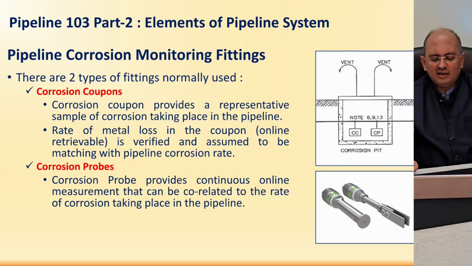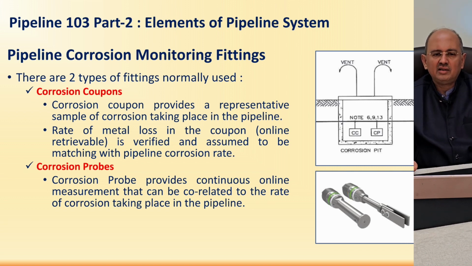So as this is online, continuous measurements can be taken. It does not need retrieval, removing it out online and then checking. Though it can be done, it is only done for some kind of repairs required.